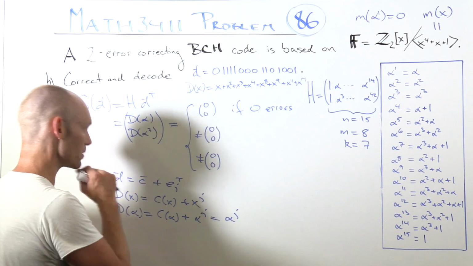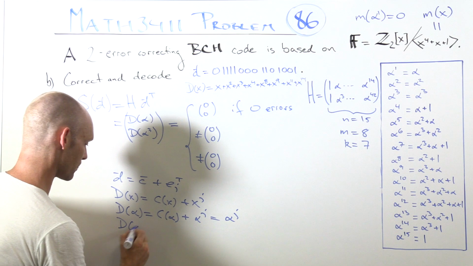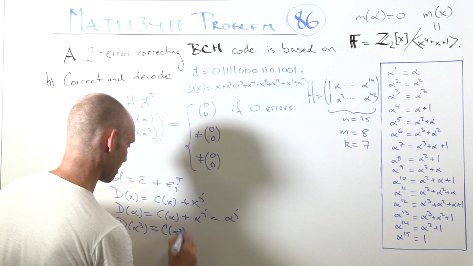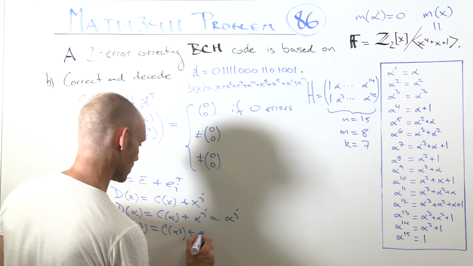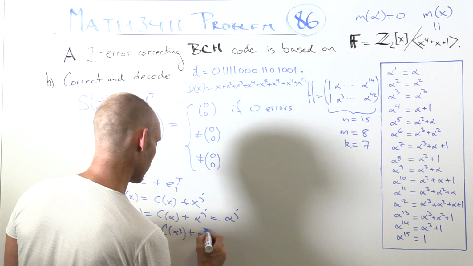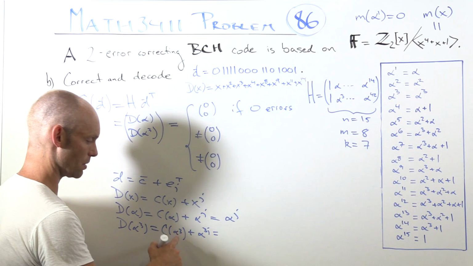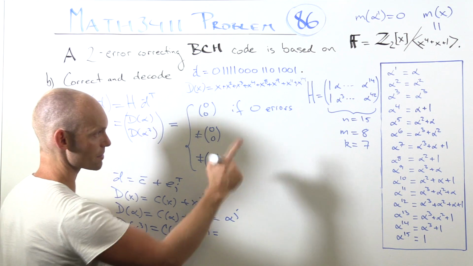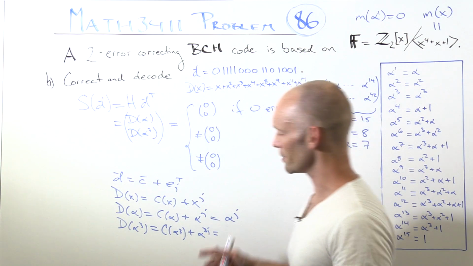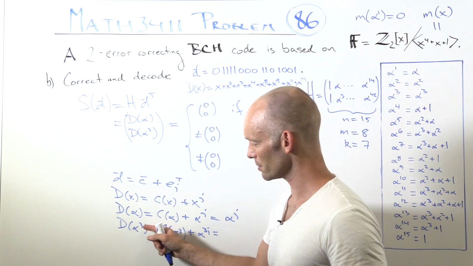In our situation, we have up to 2 errors, so we also have to look at alpha cubed, and then you have c of alpha cubed plus alpha to the power of 3 times j. Now c of alpha cubed, that too is going to be 0, because we found when we were doing the modulus in part A, for instance, that capital M was the product of the minimal polynomials of alpha and alpha cubed.